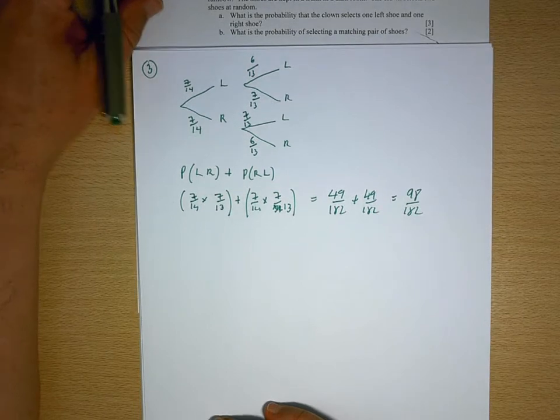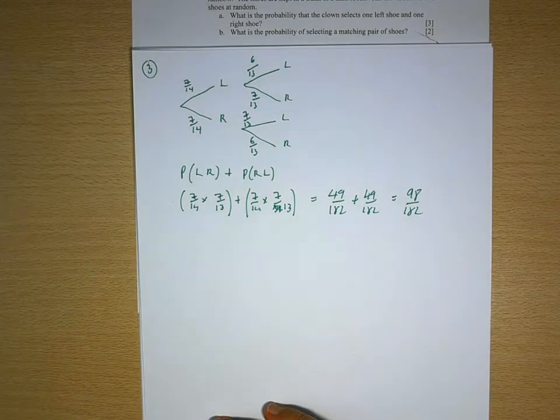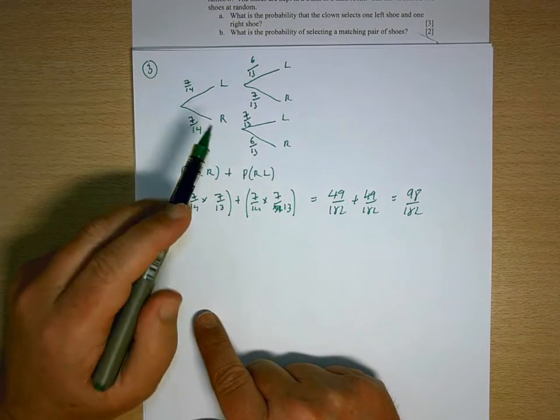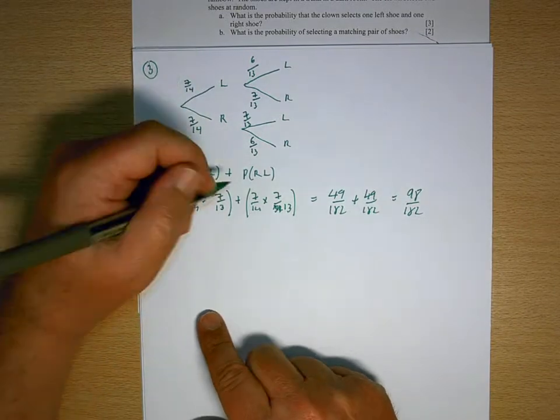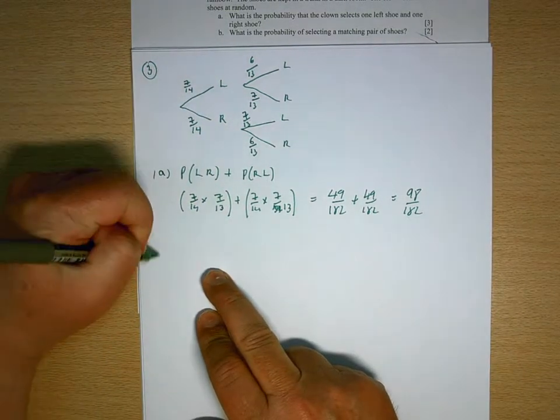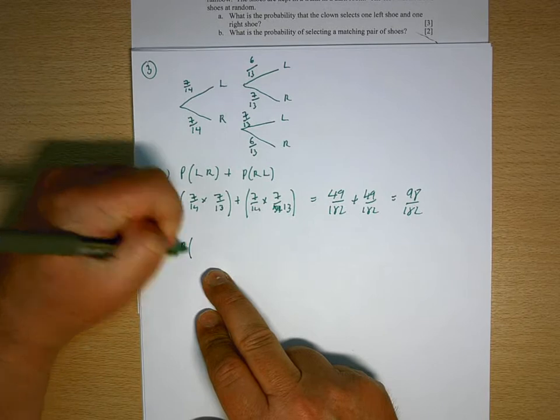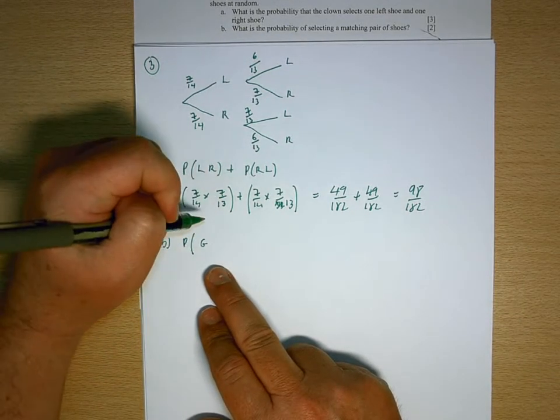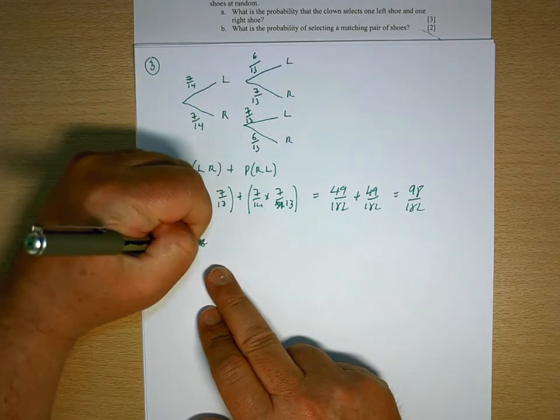What is the probability of selecting a matching pair of shoes? Well, for a matching pair of shoes, now we're either going to be selecting green, hang on, what are we talking about? Colours of the rainbow.